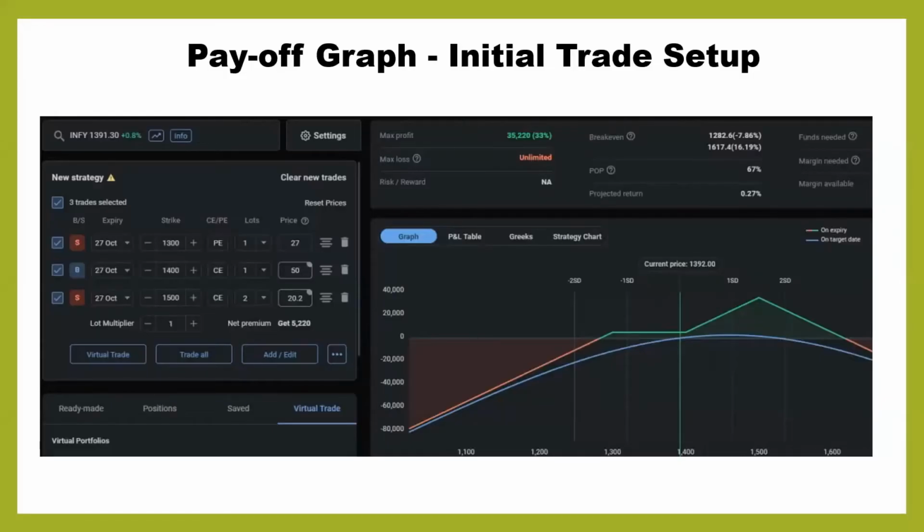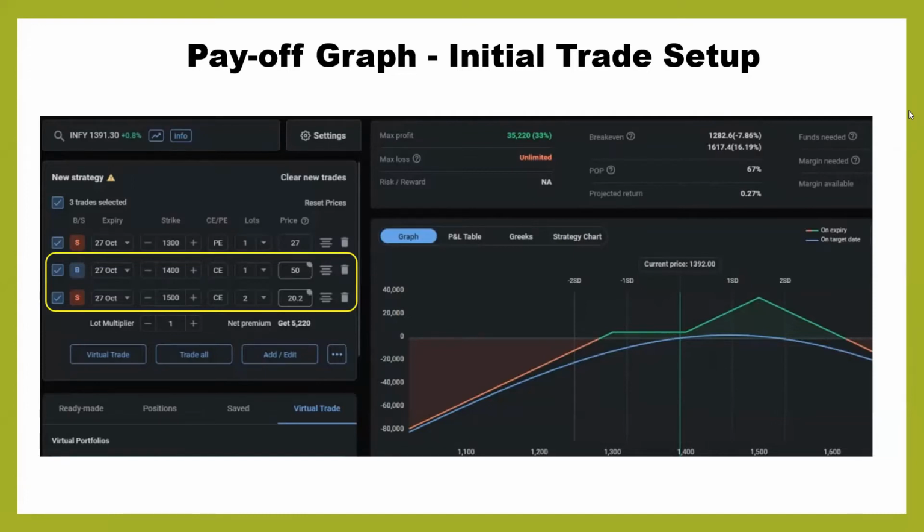Payoff graph, initial trade setup, right? You see, the 1400 call I bought, and the 1500 call sold. How many? 2, right? So 1 is bought, 2 are sold. This is called a 1:2 ratio spread, right?